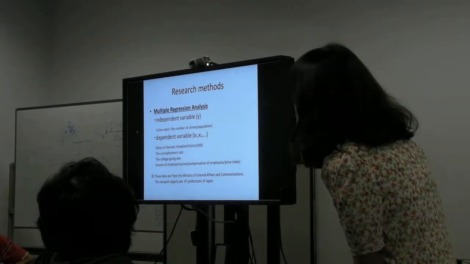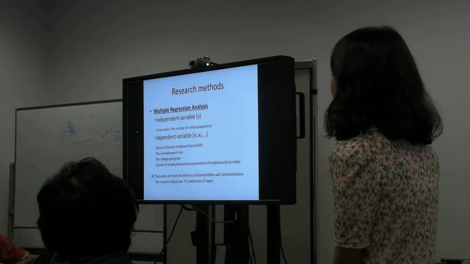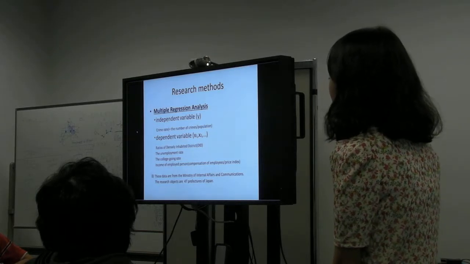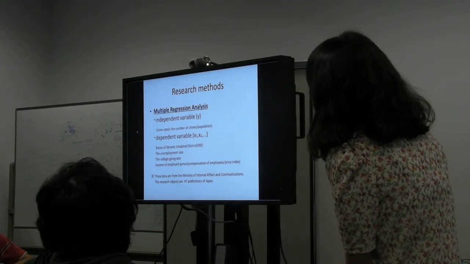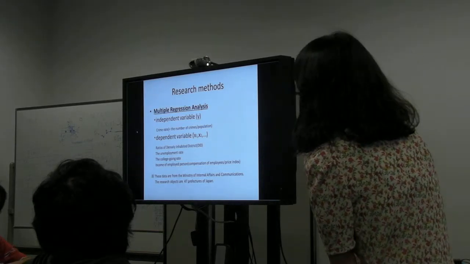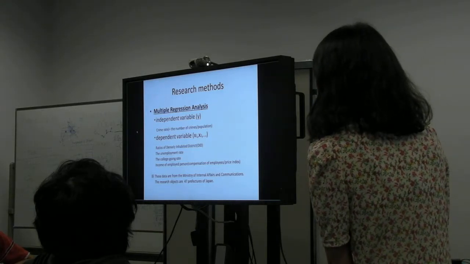Firstly, X1 is the ratio of DID, and secondly, X2 is the unemployment rate, and thirdly, X3 is the college-going rate, and finally, X4 is the income of employed person.